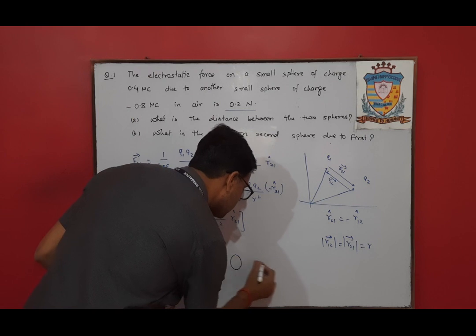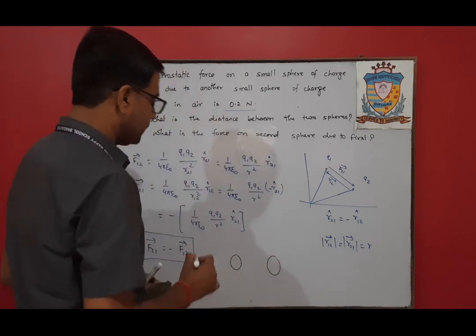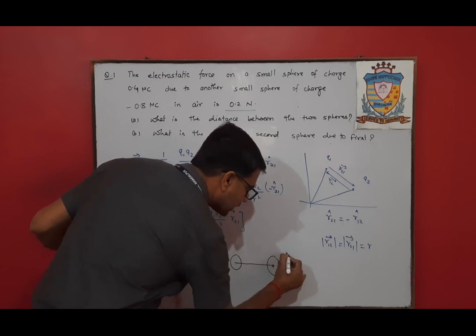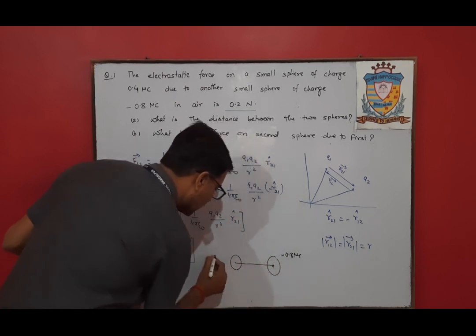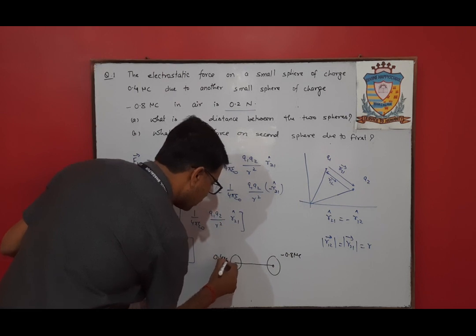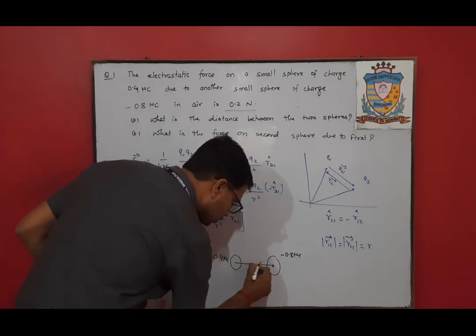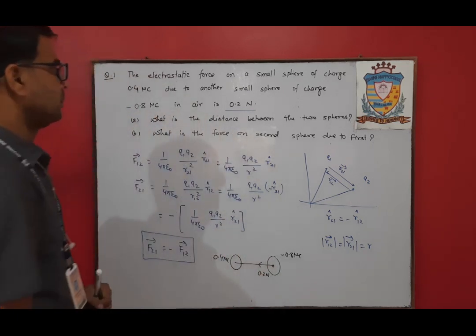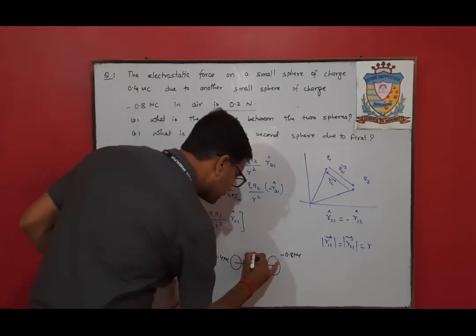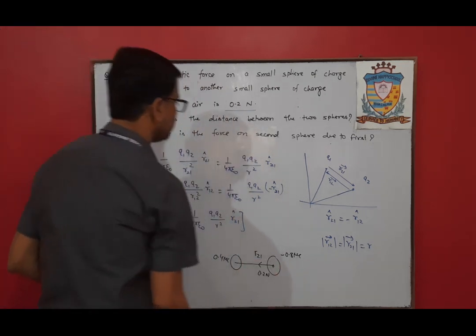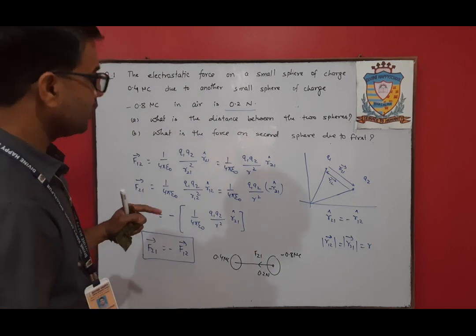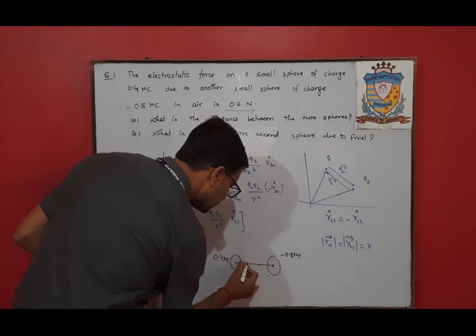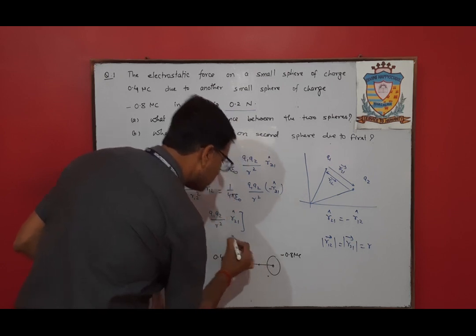So here in this case, if we have two spheres having charge minus 0.8 microcoulomb and plus 0.4 microcoulomb, and if this force of attraction is 0.2 Newton, so this is the force on 2 due to 1, and this is the force on 1 due to 2.